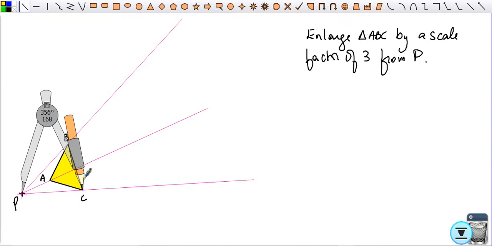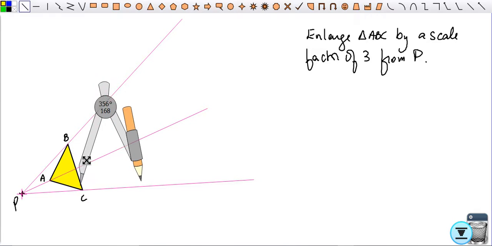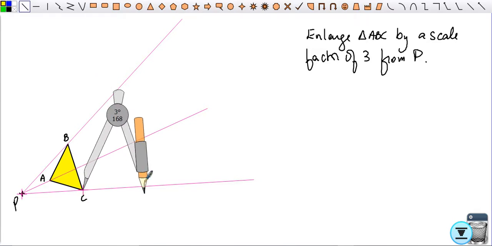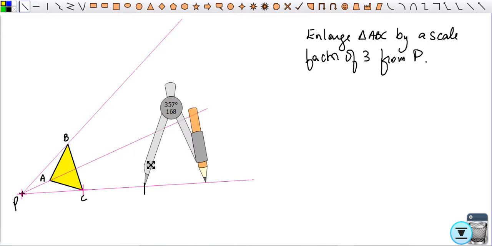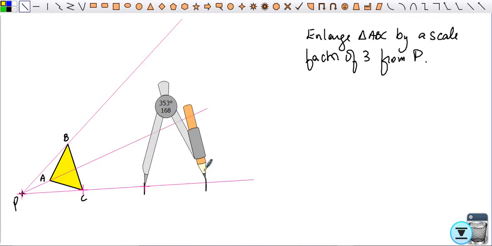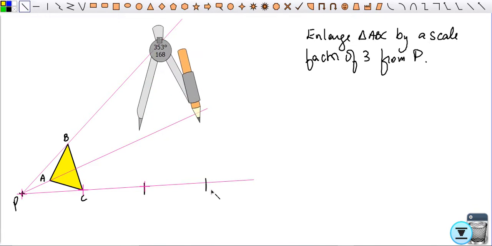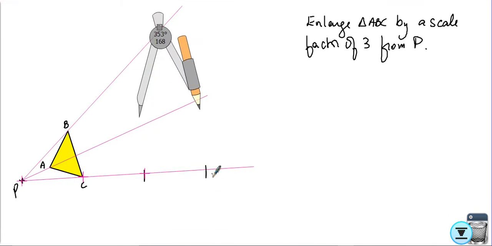So what I'm going to do? That's 1. I keep my radius. That's 2. Keep your radius. That's 3. And there I have my new point C.